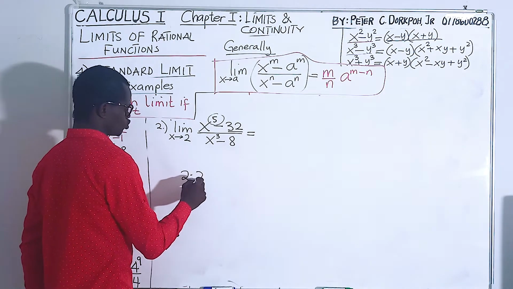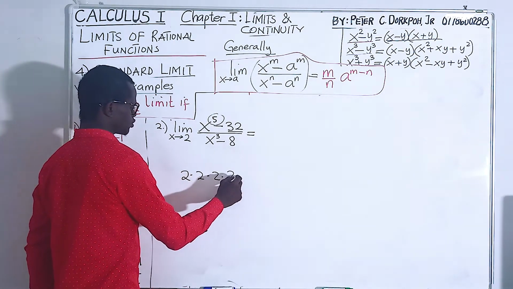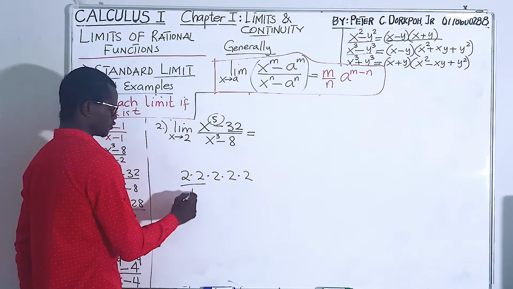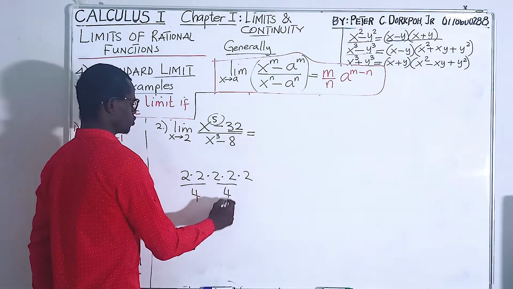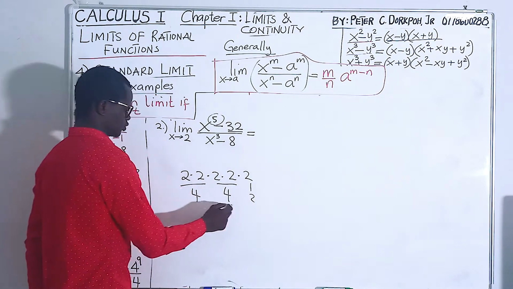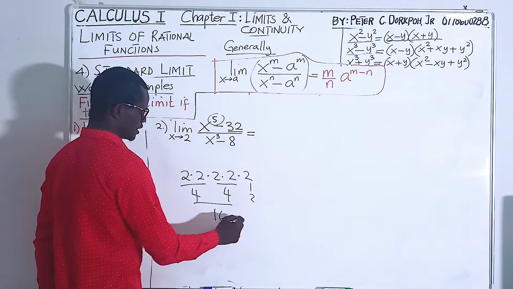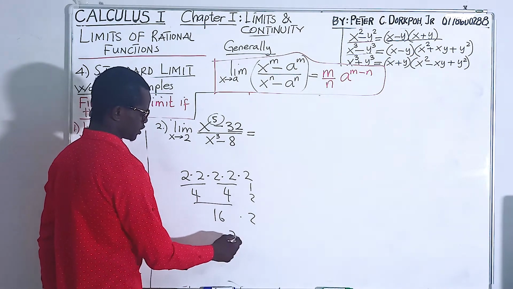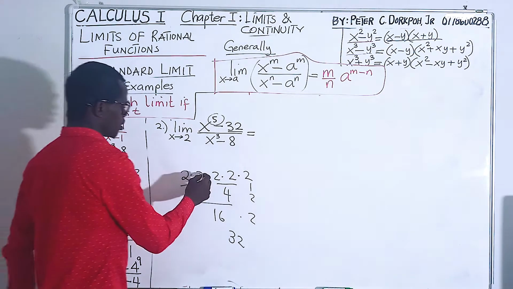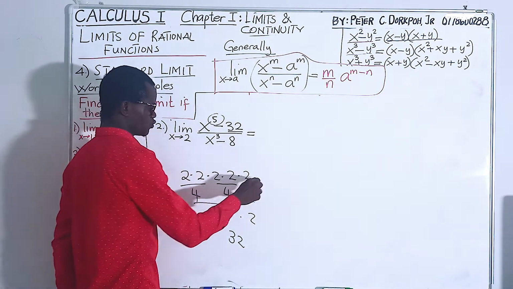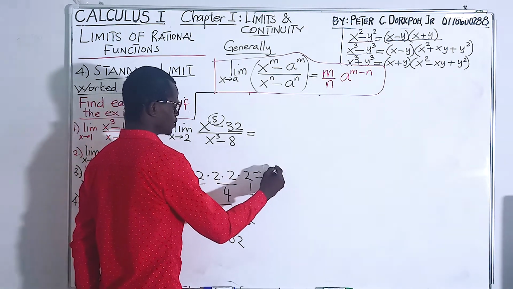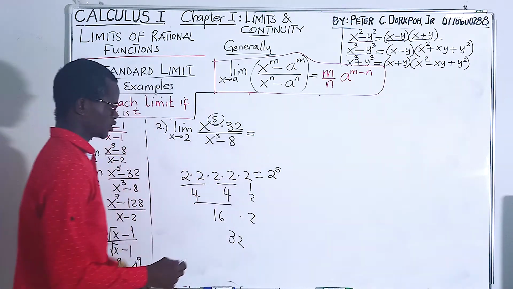So 2 times 2 times 2 times 2 times 2. This is 4, this is 4, and this is 2, right? So 4 times 4 is 16 times 2. 16 times 2 is 32. So we know that 2 multiplied by itself 5 times, which can also be expressed as 2 raised to the 5th power, is equal to 32.